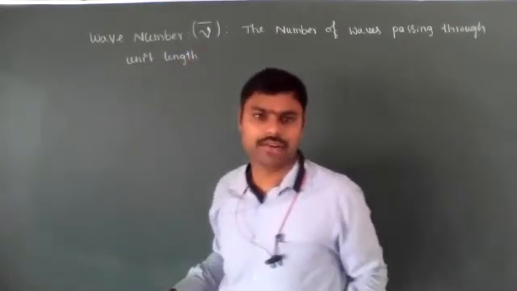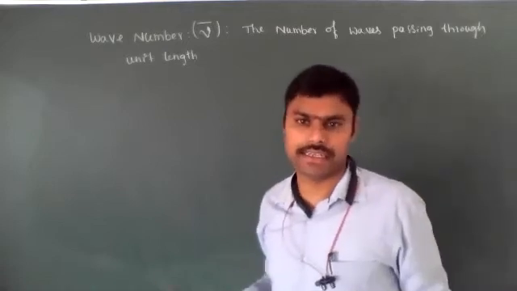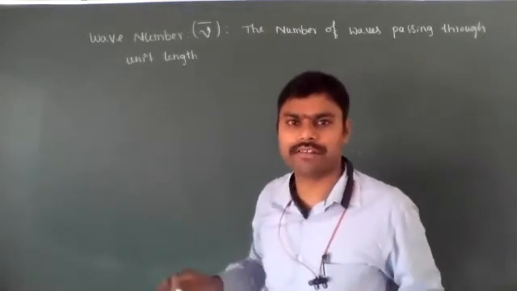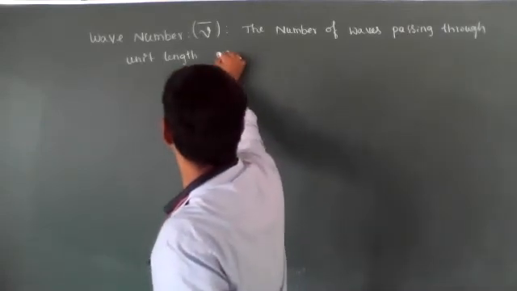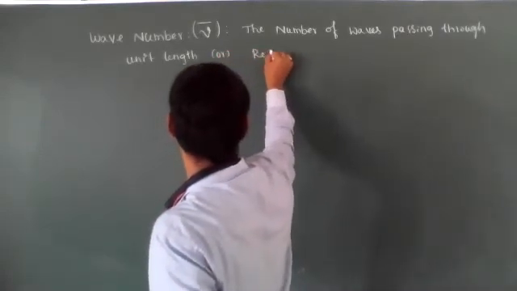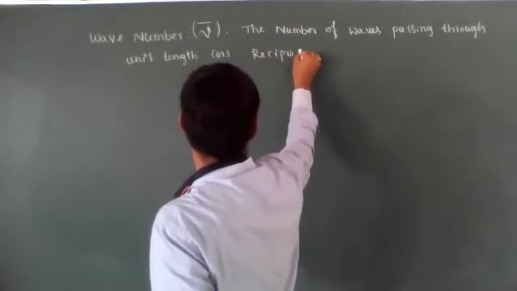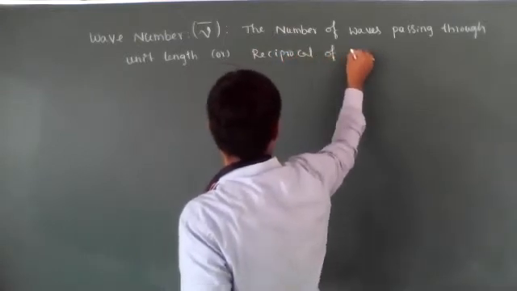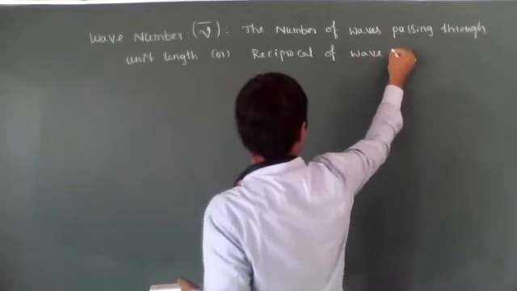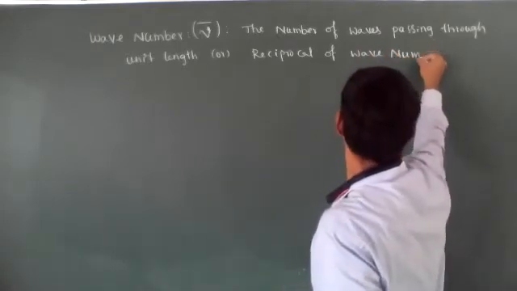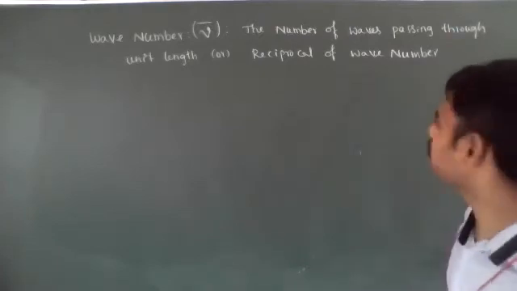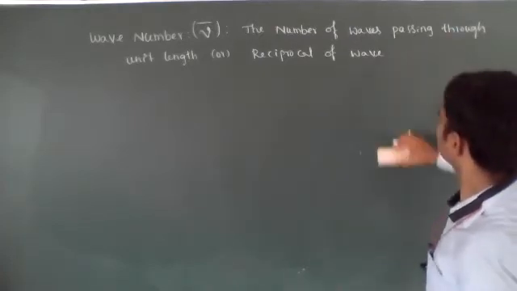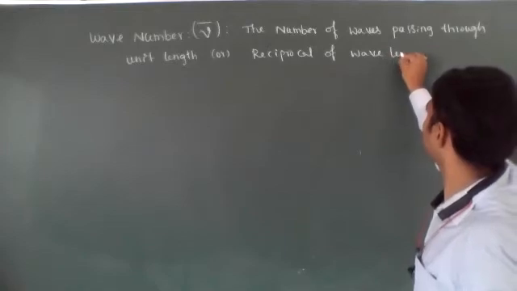Unit length means either 1 centimeter or 1 meter. In that length, how many waves are passing is known as wave number, or the reciprocal of wavelength.